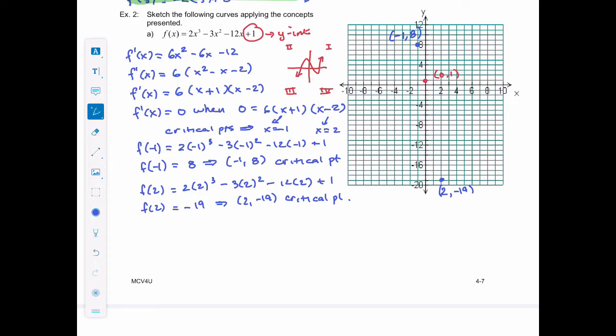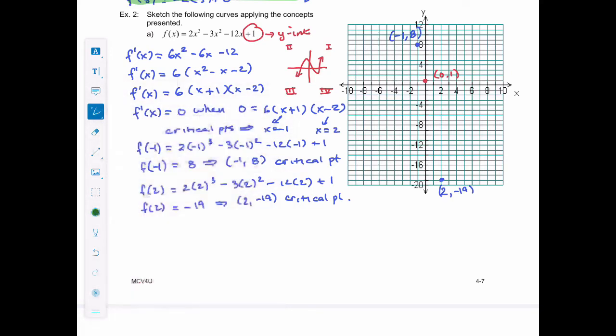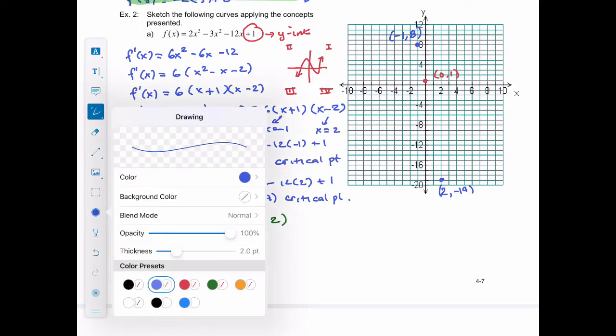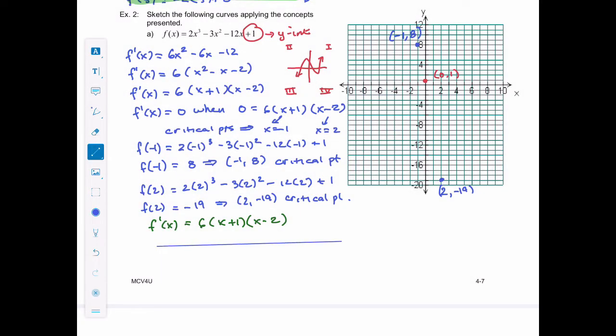So the next thing we're going to do is the chart. So what I'm going to do is write out the function that we're going to be focusing on. So we're going to be focusing on f prime of x, which was 6 times (x + 1)(x - 2). And I'm going to create the chart. And I may need to add more lines. Okay, this is a work in progress.